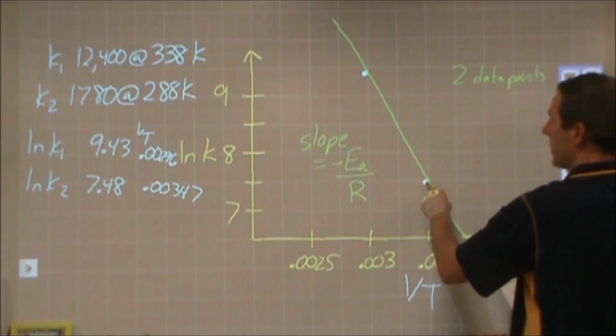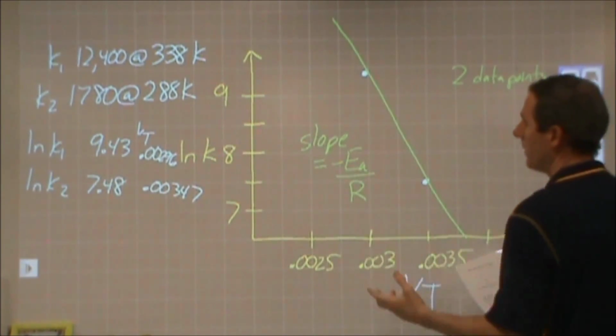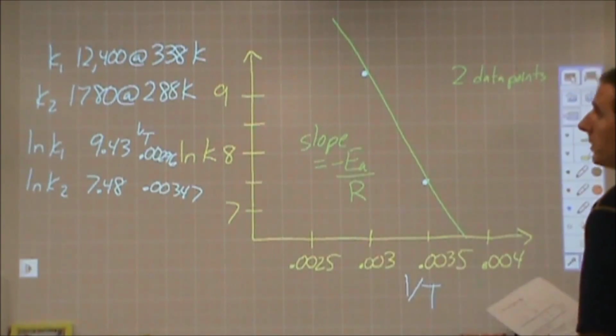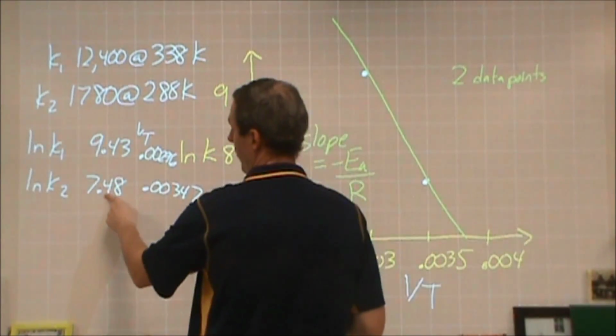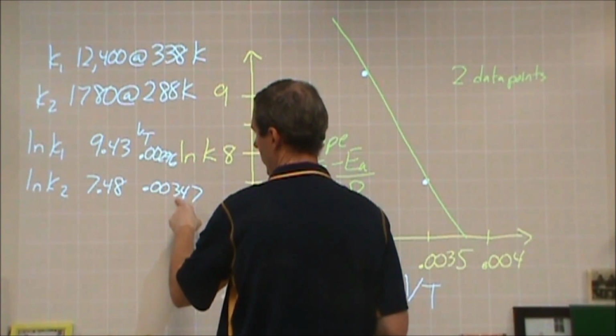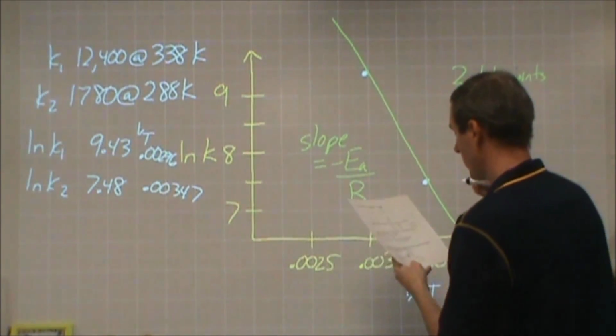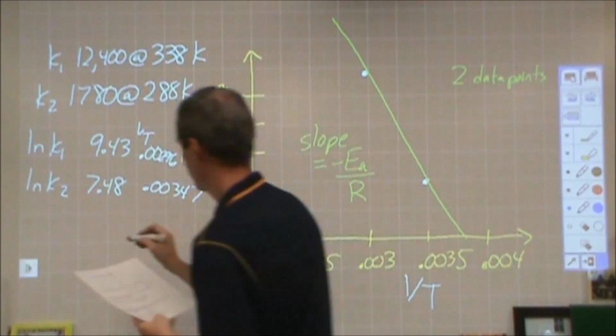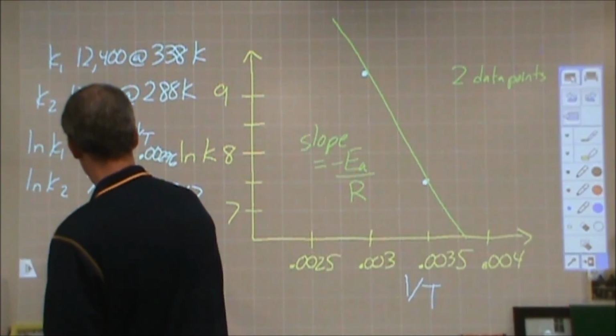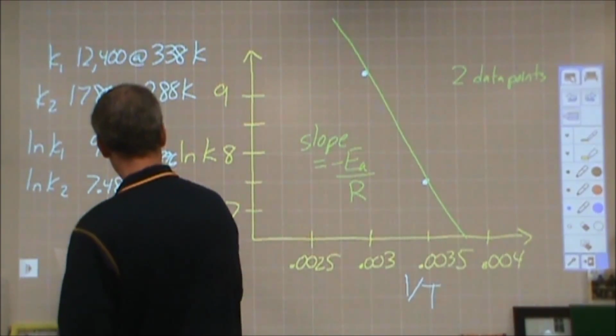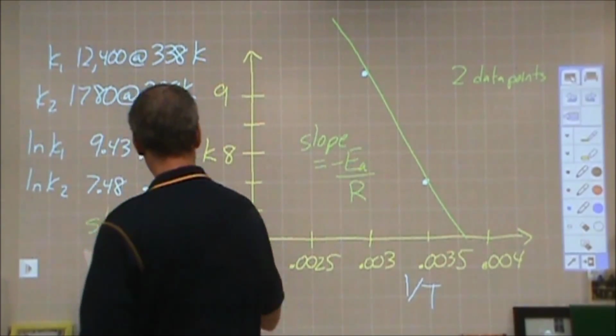We take the difference in y's divided by the difference in x: 7.48 minus this, and 0.00347 minus this, and divide the 2. Our slope ends up being negative 3,820.